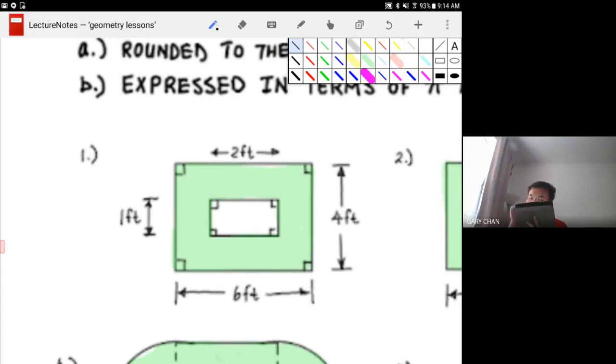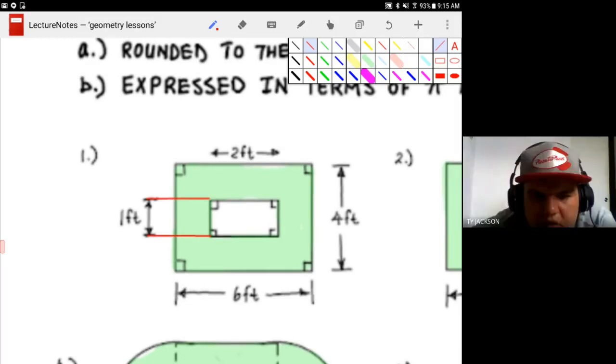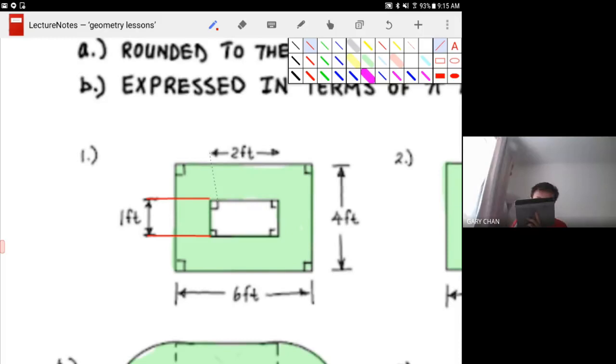So look, if you guys are confused on how to read this, you see what I'm doing right now. That 1 foot corresponds to the height of the small white rectangle, right? What's the width of this white rectangle? It's 2. That corresponds to it. You see that?